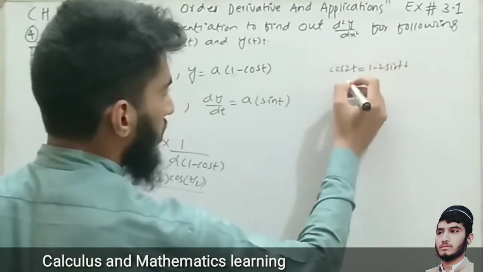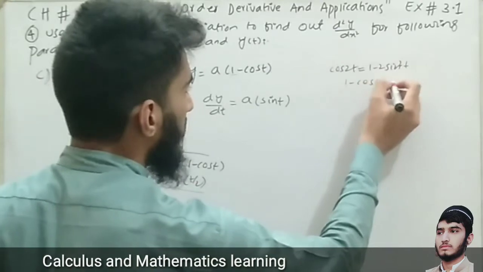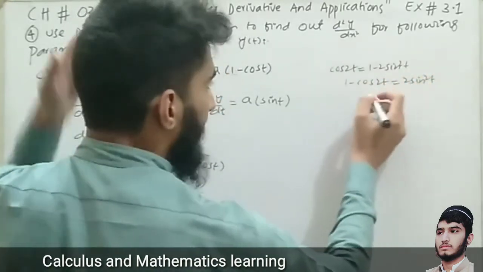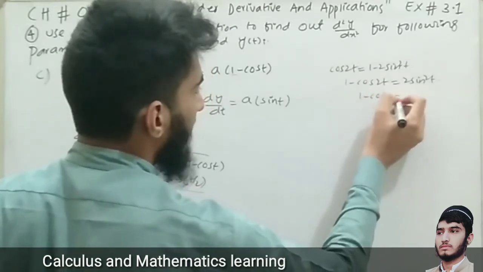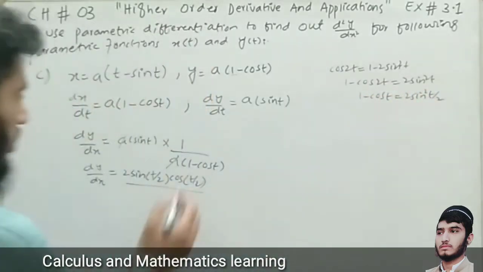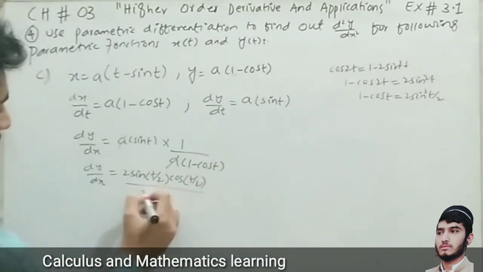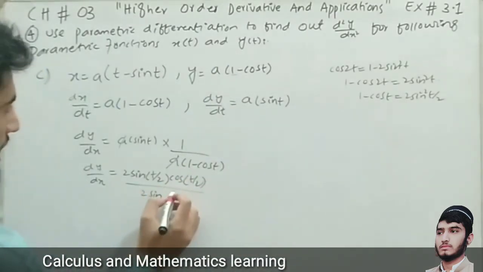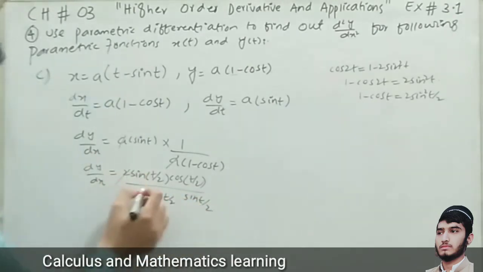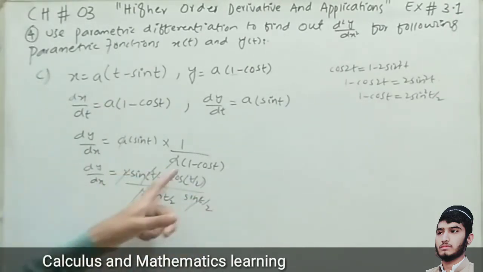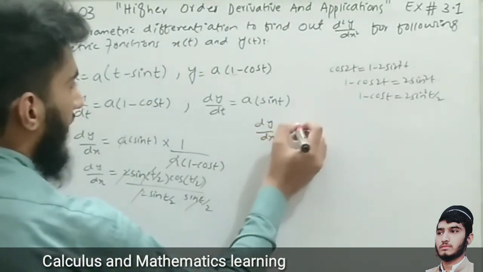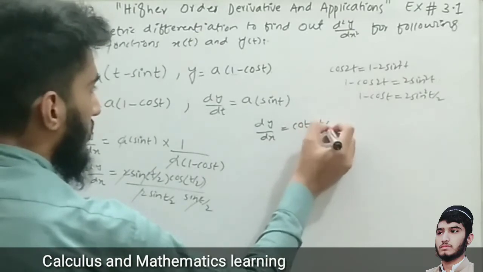From here, 1 minus cos 2t will be equal to 2 sin square t. Now replace t with t by 2, so 1 minus cos t will be 2 sin square t/2. So put 1 minus cos t as 2 sin square t/2, which can be written as 2 into sin t/2 and sin t/2. Now 2 cancels out with 2, and sin t/2 cancels out with sin t/2. Cos by sin will give us dy by dx equal to cotangent t/2.